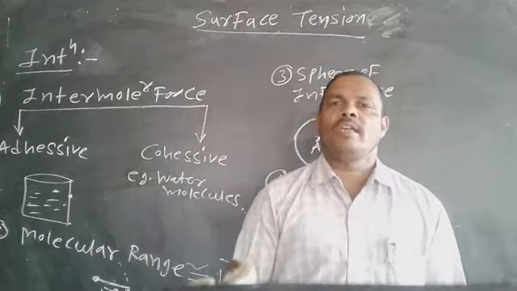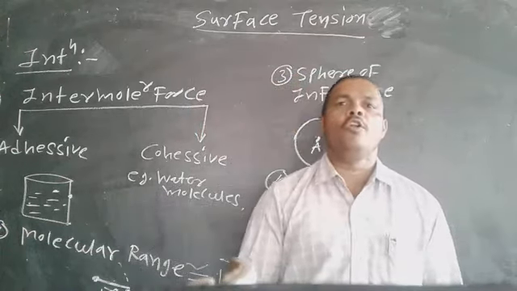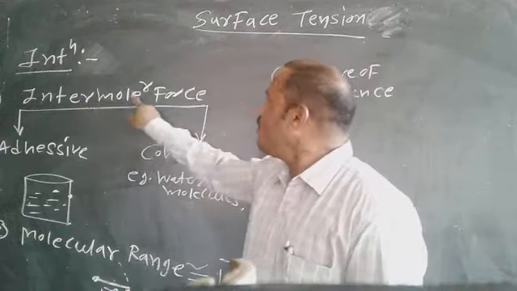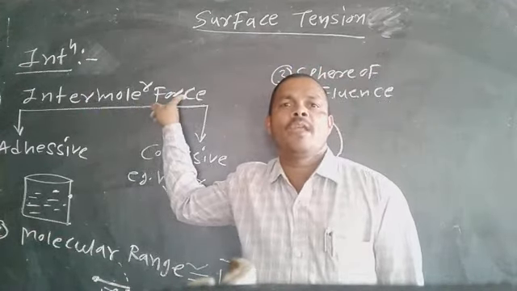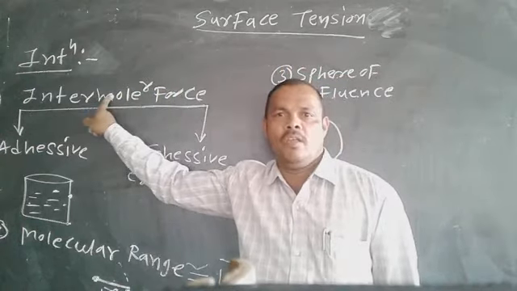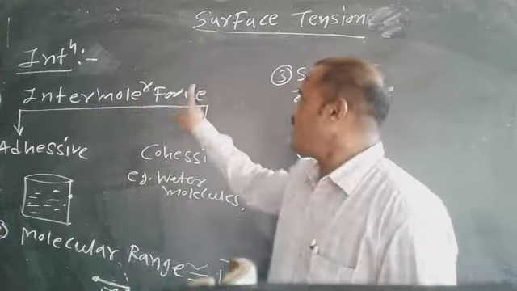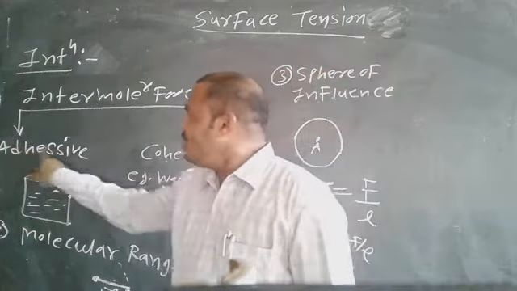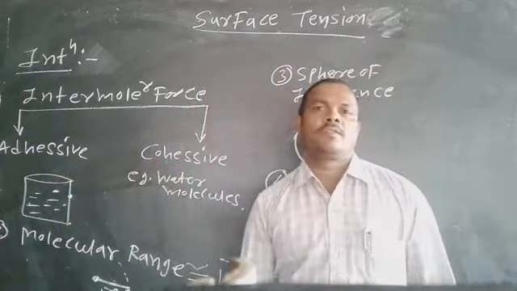So listen here once again. Surface tension is molecular phenomena. We define intermolecular force. Force of attraction between the molecules is called as intermolecular force. There are two types of intermolecular forces, namely additive force and second cohesive force.